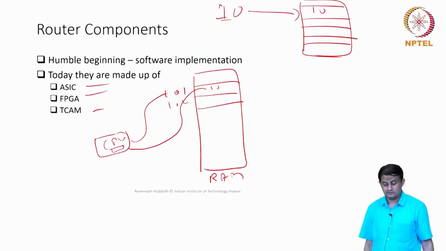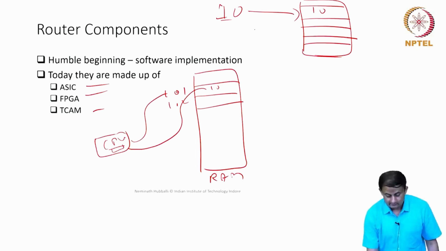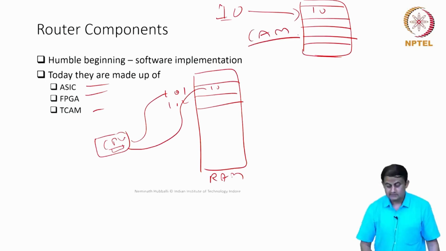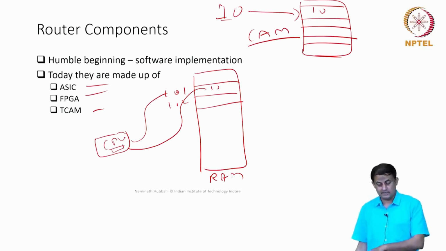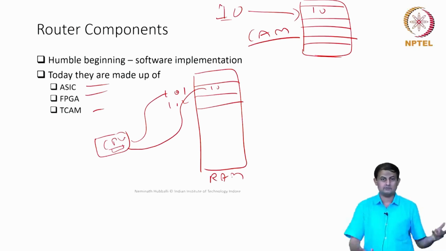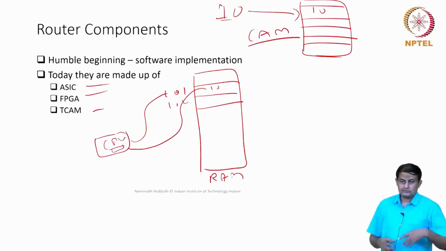That is the option. And the CAM, the content addressable memory, can precisely do this operation. You give me the content, I am going to search inside my memory locations whether that content is available or not. If it is available, I am going to tell you it is available and where it is available. If not, then I will tell you it is not available. So think of this case.